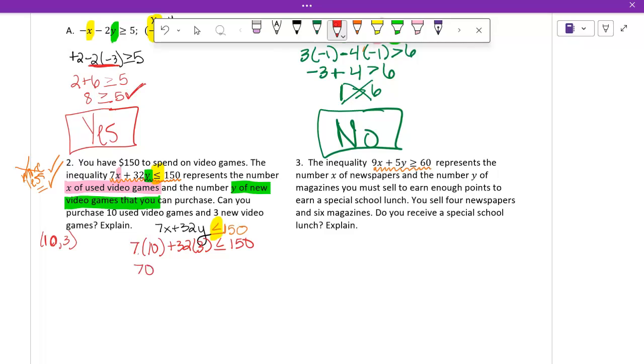So 70 plus 96 gives me 166 is less than or equal to 150. Is that a true statement? No. So could we buy that? No.